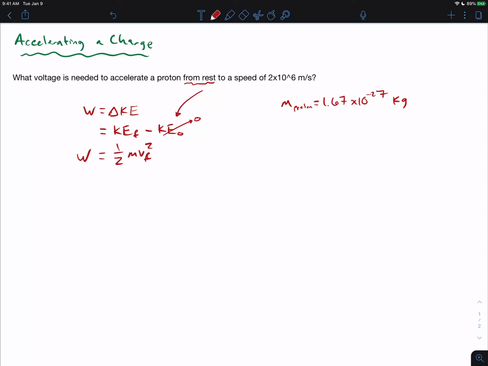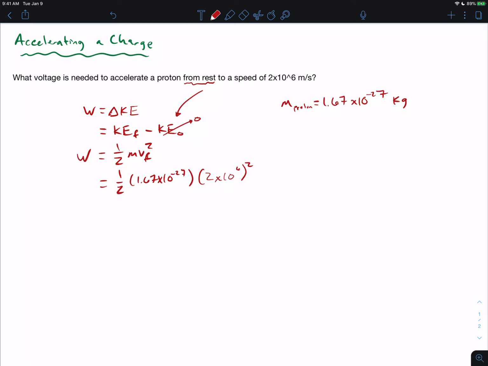And here we're going to solve for this, right? So we're going to do 1/2 times 1.67 times 10 to the negative 27, and then my velocity squared, so this is going to be 2 times 10 to the 6th squared.